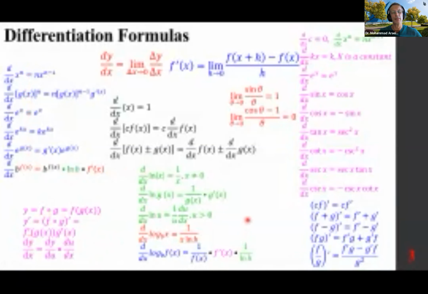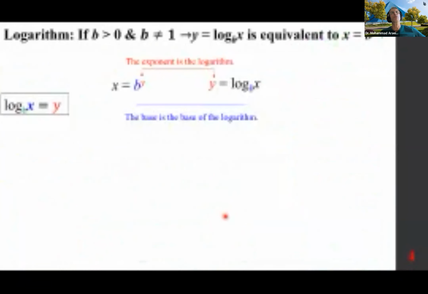We are adding logarithmic rules as well. So to start with, I'm going to remind you of logs and their properties.